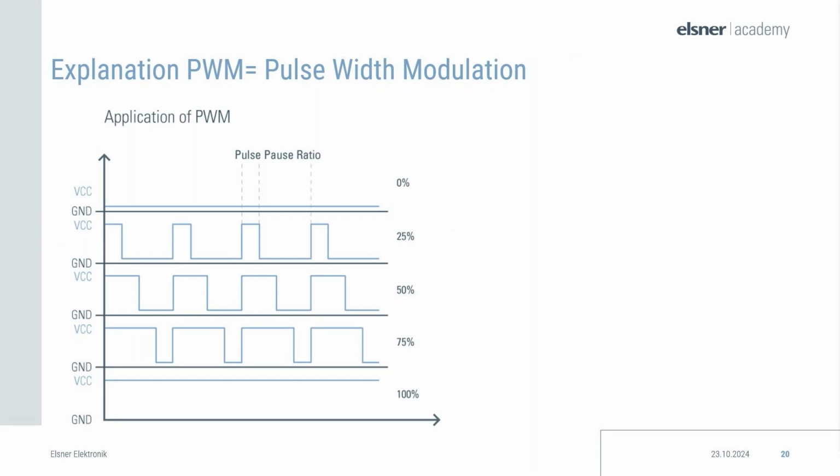The valve can move to different valve positions via the ratio of the pulse and the pause time, as you can see in the chart displayed on the slide right now. Just a small example to make it more clear. If the ratio between the pulse and the pause corresponds to 50% each, the valve is opened to 50%, as you can see in the middle graphic.